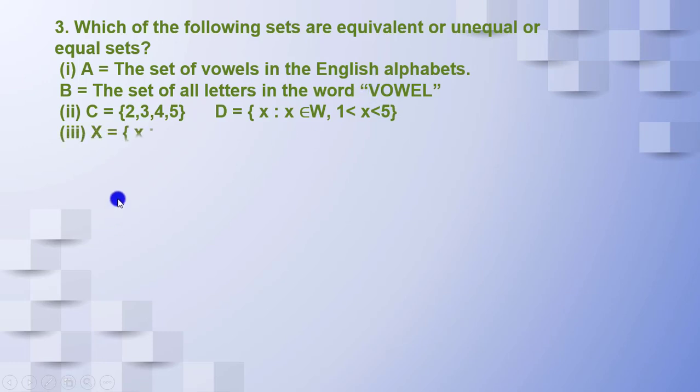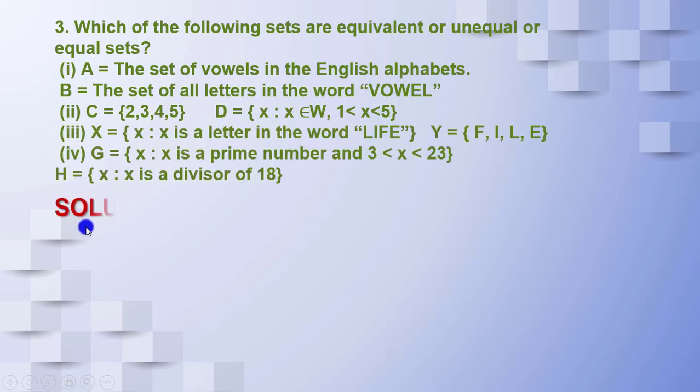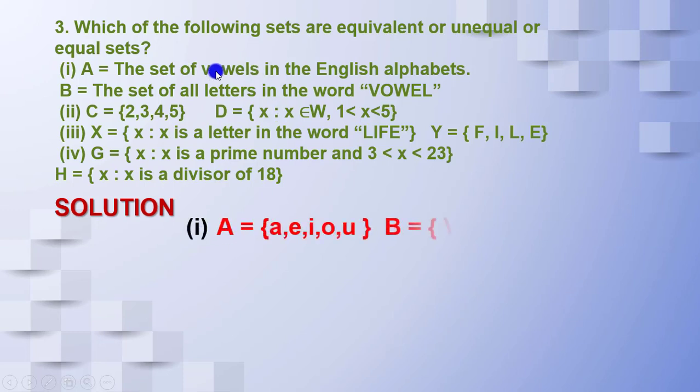Now let us see the solution. So take the first one. What is our A? A equal to the vowels in the English alphabet: A, E, I, O, U, and B is a set containing the letters of the word V, O, W, E, L. Here we want to find out whether this is an equivalent set, unequal set or equal set.